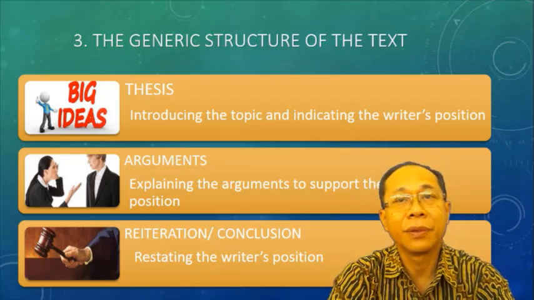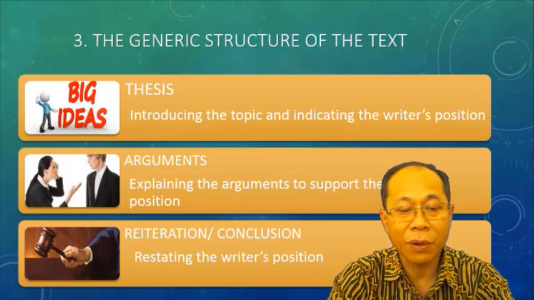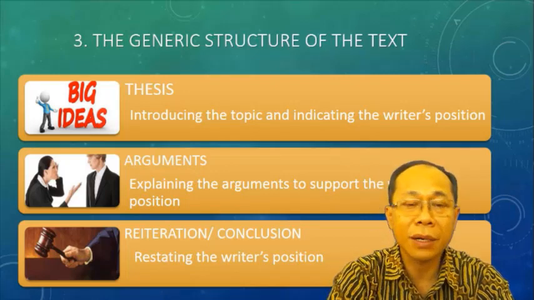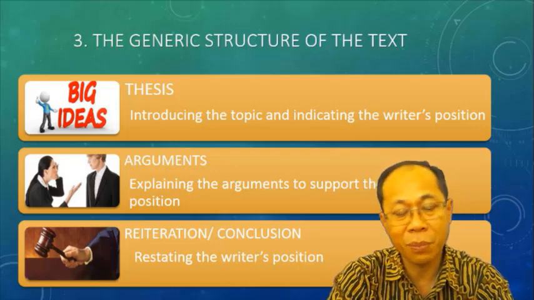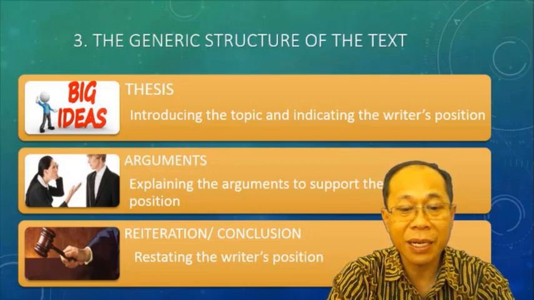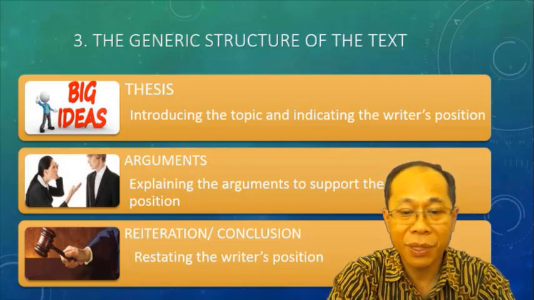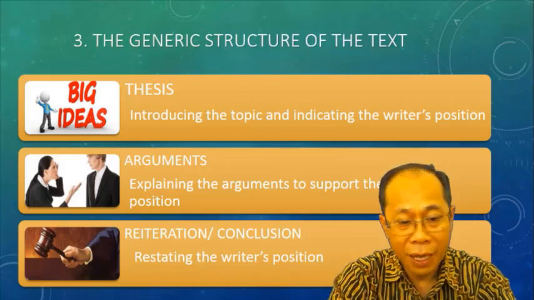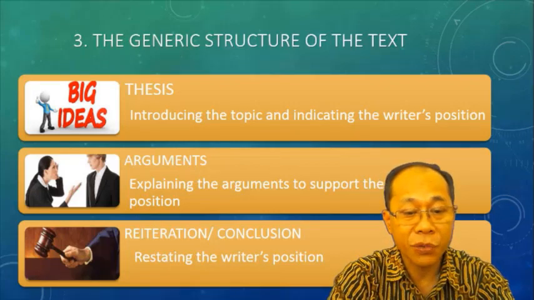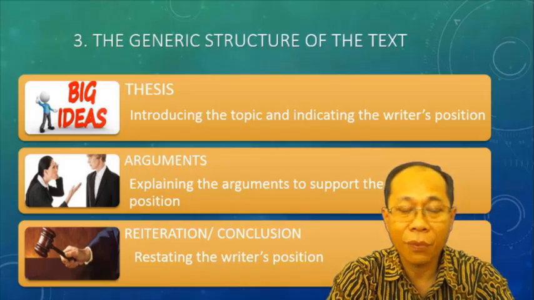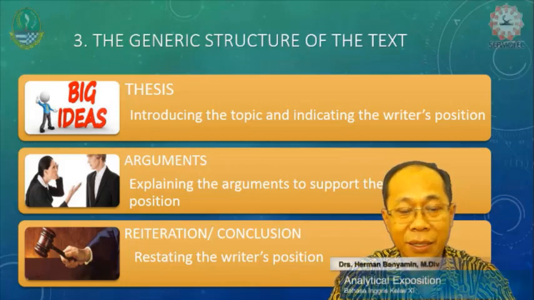And second one is the argument or a set of arguments. Maybe you can have one argument, two arguments, or more than two. So argument is explaining arguments to support the writer's position. And the last part is the reiteration or conclusion. It restates the writer's opinion, like what has been mentioned in the thesis.